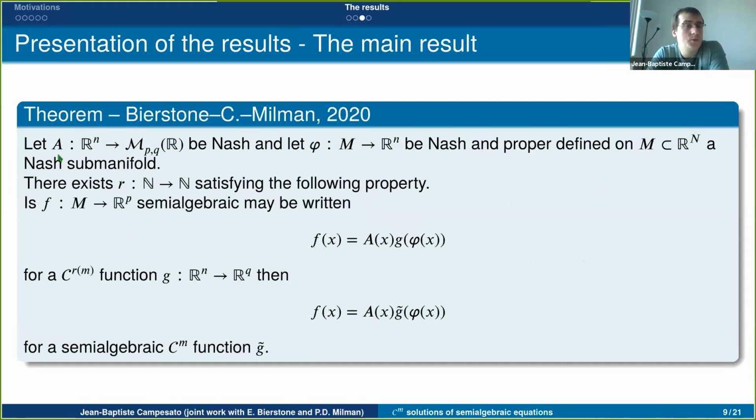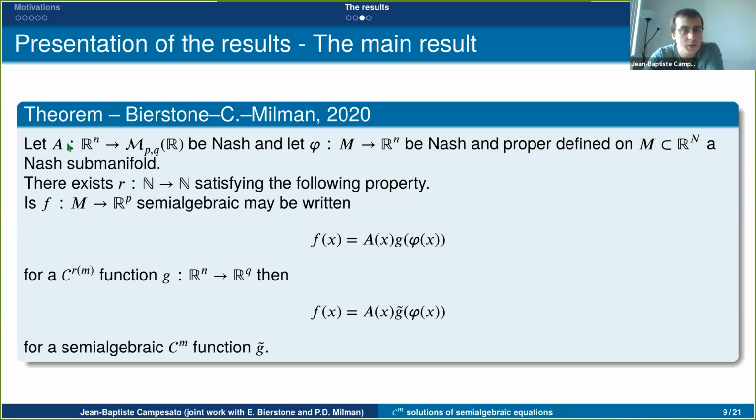So we start with a matrix A, whose entries are not only semi-algebraic but also analytic, so Nash. Then we also have a mapping phi which is Nash and proper, and we can associate to this data, so to A and phi, a function R from the natural numbers to themselves, satisfying the following property. So we have an equation similar to the one on the previous slide. f is a vector-valued semi-algebraic function.